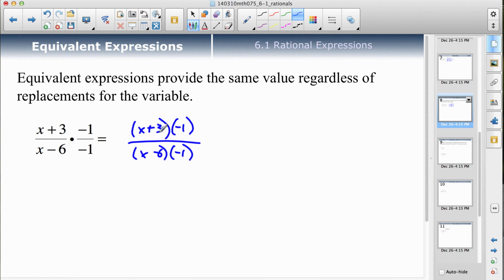Over here, I've got one fraction where I have a product on the top and on the bottom. I could keep going with this one and multiply the negative 1 in if I wanted to. I might as well. Negative x minus 3 all over negative x plus 6. So there would be the product of that particular one, although you could leave it like that.